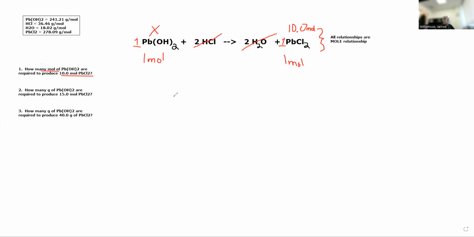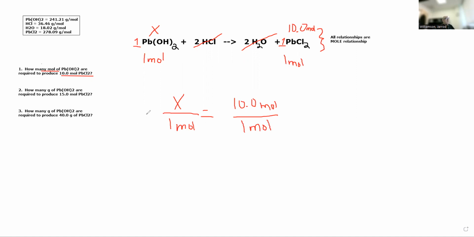So I'm going to end up with a simple X over 1 mole is equal to 10 moles over 1 mole.